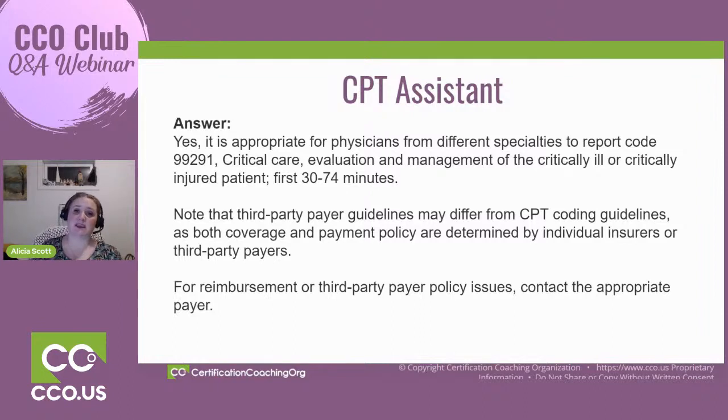Now, one of the things that was also changed, noted on all the articles you'll see for 2022, is that for critical care, CMS chose to adopt CPT's verbiage and definition of these codes, whereas before they did not. And so that is going to be helpful.